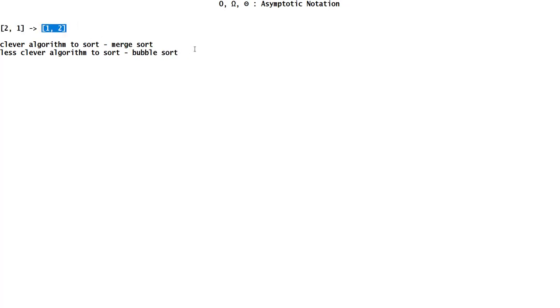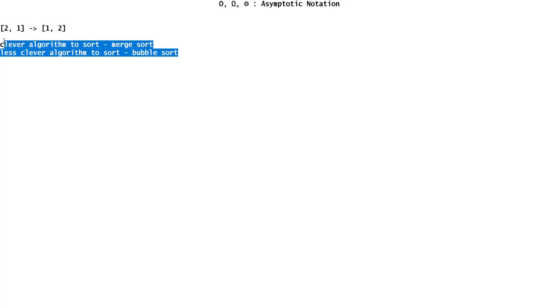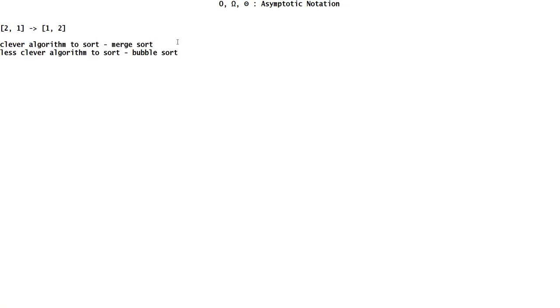But we don't see a huge difference in the number of steps it took for merge sort or bubble sort. So how do we know which one's better? Well, merge sort is certainly much better than bubble sort, but we can't really tell with an example this small, because maybe both of them just took 1 step or 2 steps, and we can't even tell which is the better algorithm here.